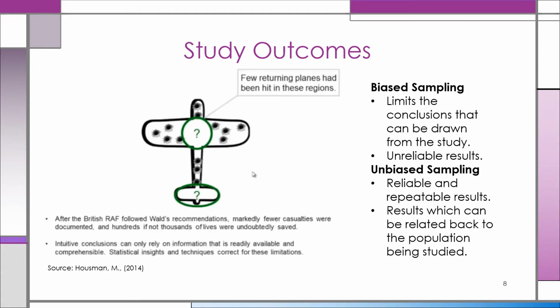It was originally decided to add more armour to this part of the plane, until an Austrian economist, Abraham Wald, looked at the data and said to do the opposite, and to add armour to the body and rudder, as circled in green in this diagram. His recommendations saved many lives.